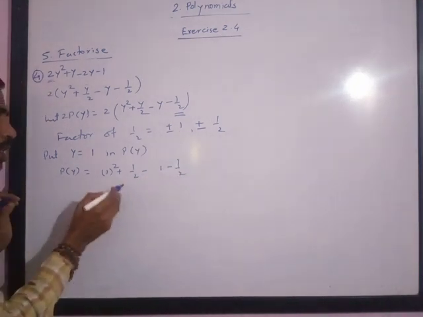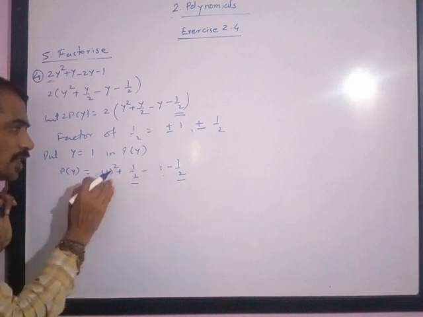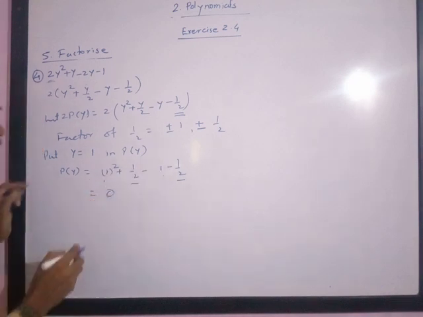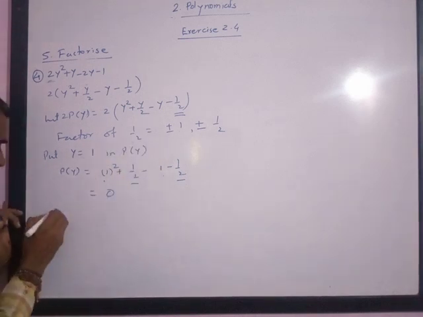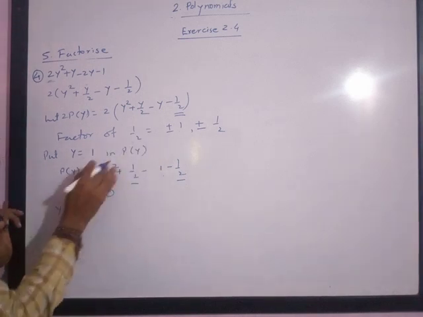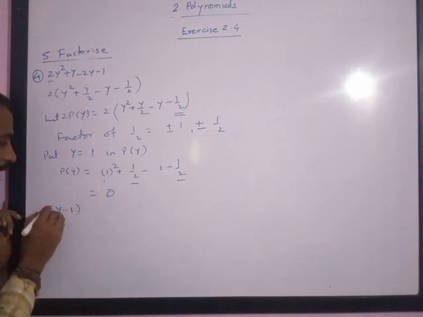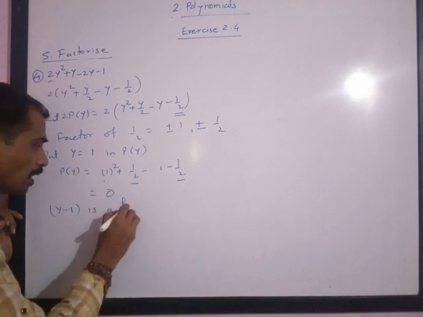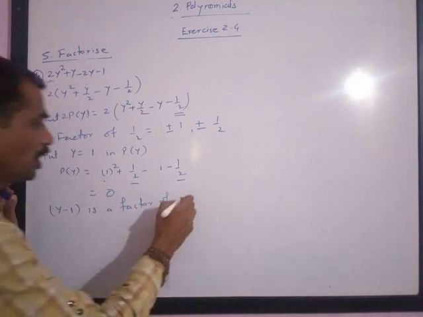So please note, plus half minus half, plus 1 minus 1 cancel with each other, we will get the remainder 0. It means y equal to 1 is a factor of p of y. Please note, y equal to 1 means y minus 1 is a factor of p of y.